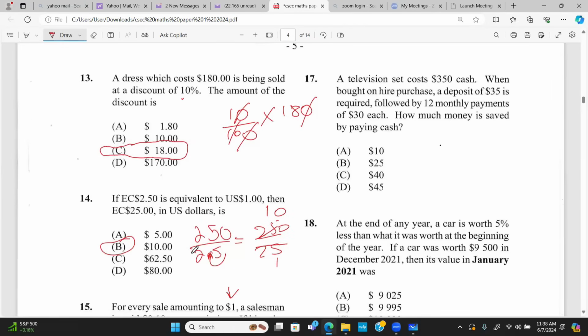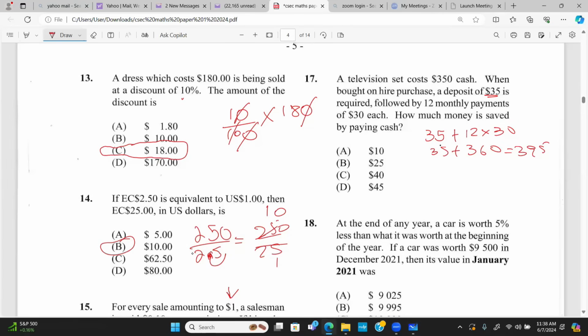Number 17. A television set costs $350. When bought on hire purchase, you pay a deposit of $35, and then you pay 12 months of $30 each. So 12 times 30 is 360. So this person paid $395 overall.